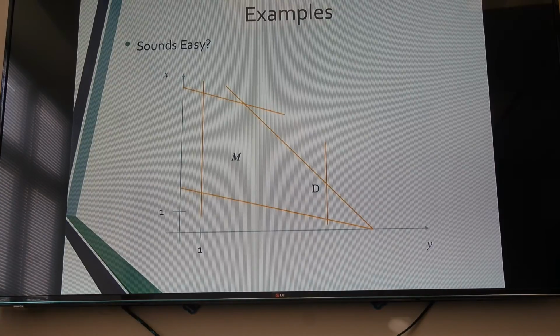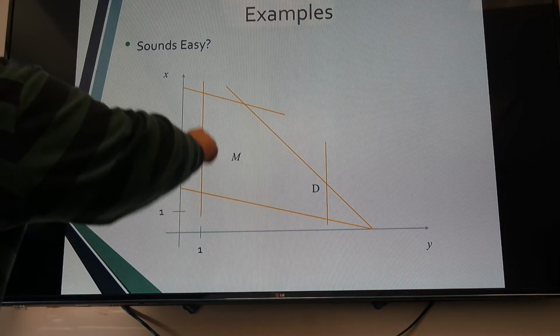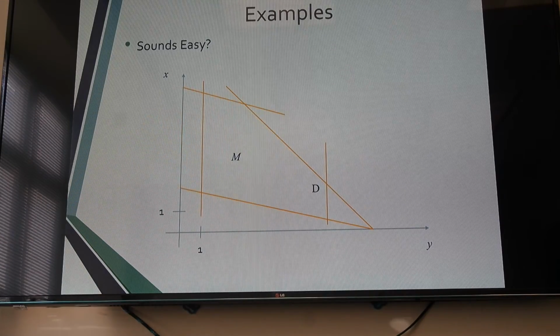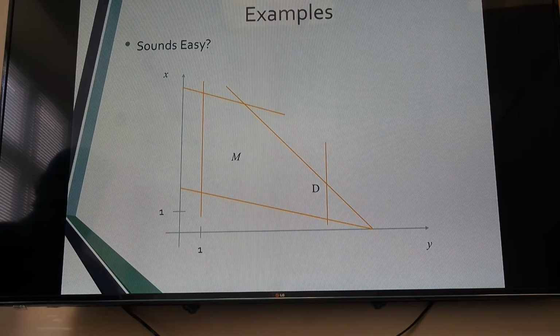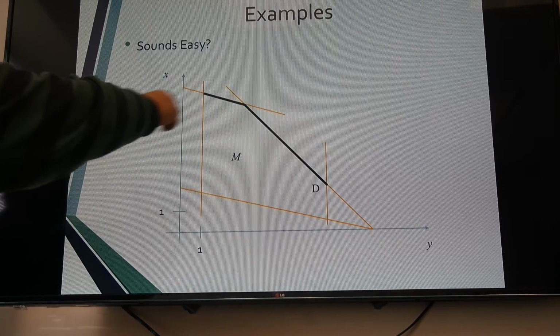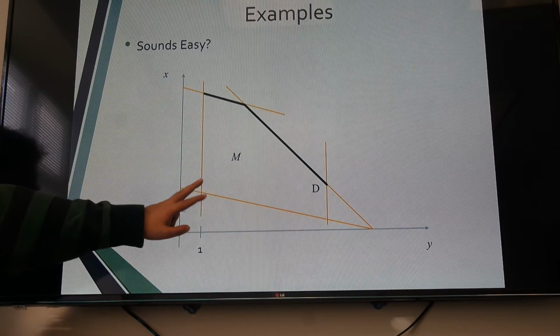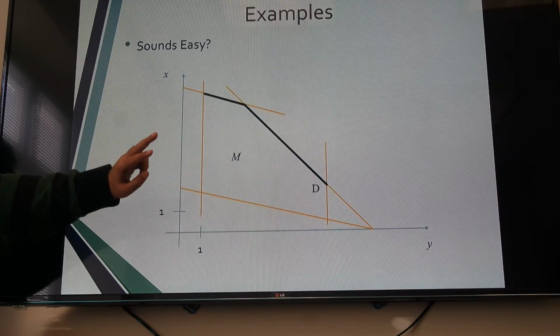So this is the graph of the constraints. This region M is the feasible region when you consider the constraints by themselves. The C region is actually these two lines. And these two lines are the pairs of values of y and x that we found from the lower level problem.